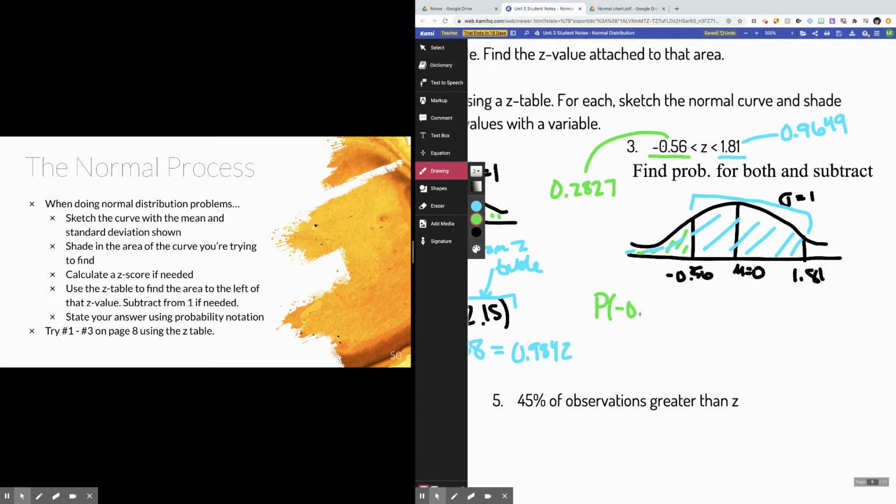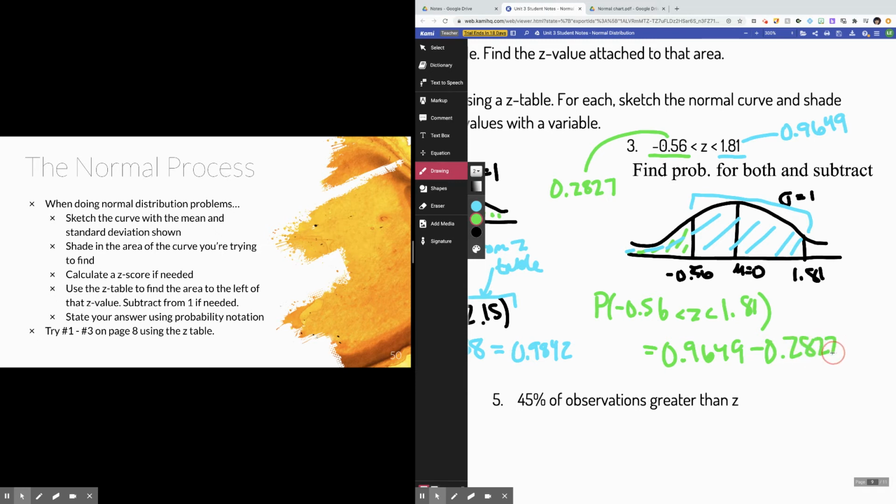So the probability that z is between negative 0.56 and 1.81 is 0.9649 minus 0.2827, which is 0.6772.